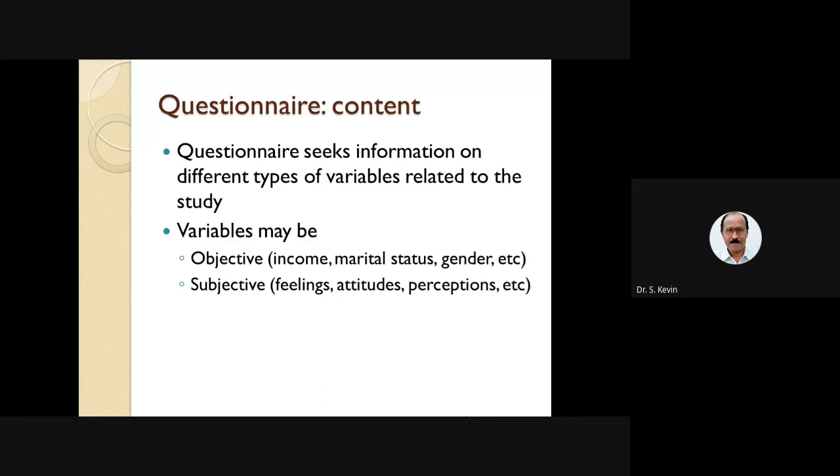Everybody knows whether a person is married or not. Gender, observable. So for income, there are records, and the others are visible. Easily you can determine this. They are objective. Then the second type of variables are subjective.